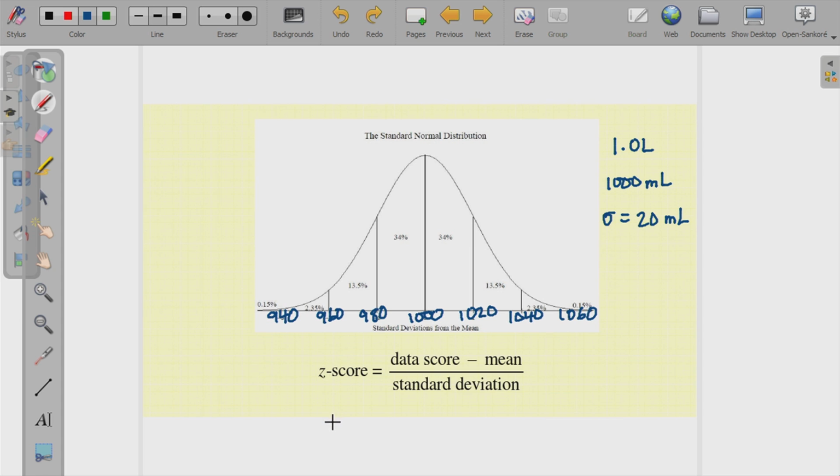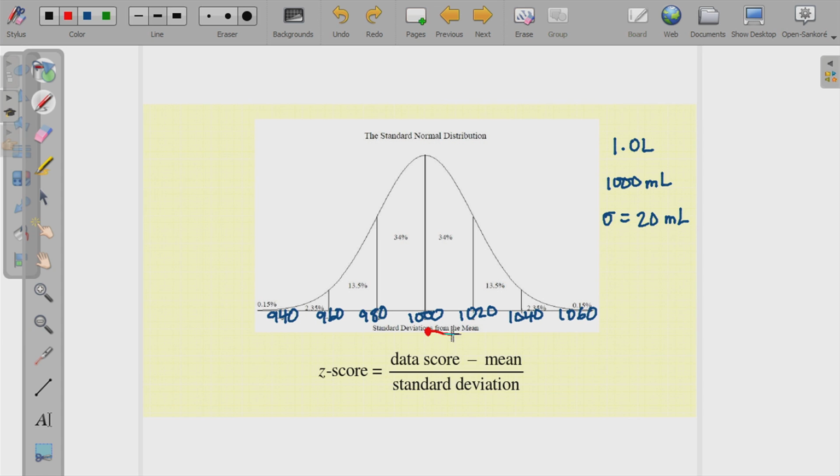Okay. Now, before we talk about the z-scores, let's talk about a couple of things here. For example, let's say I'm interested in what proportion of these bottles are filled to between 1,000 milliliters and 1,040 milliliters.